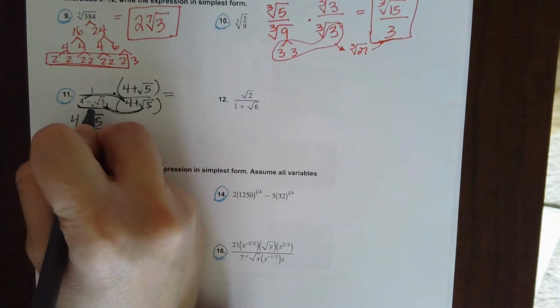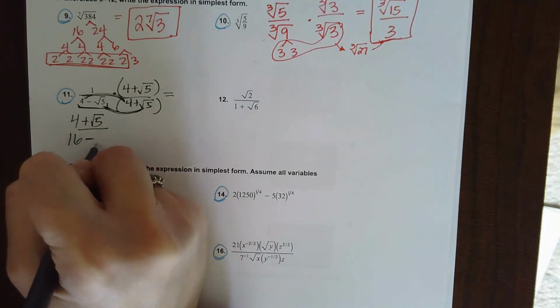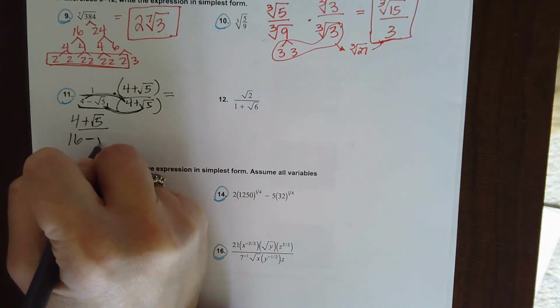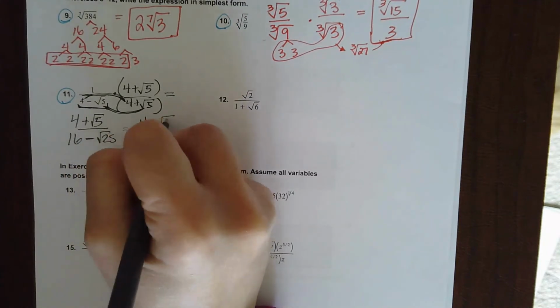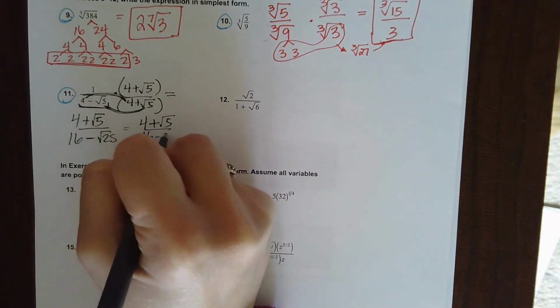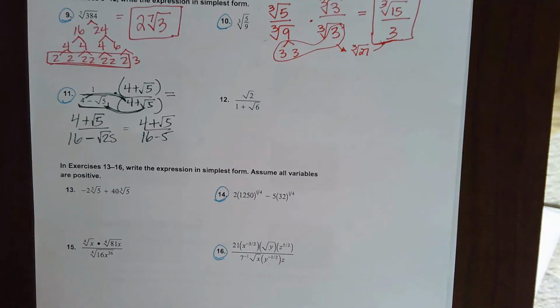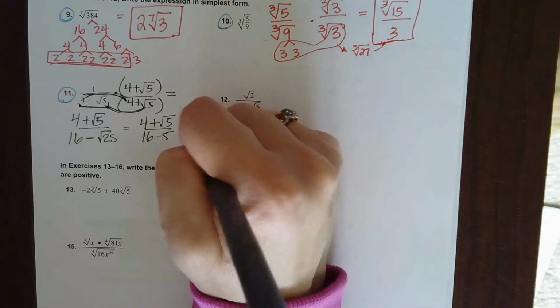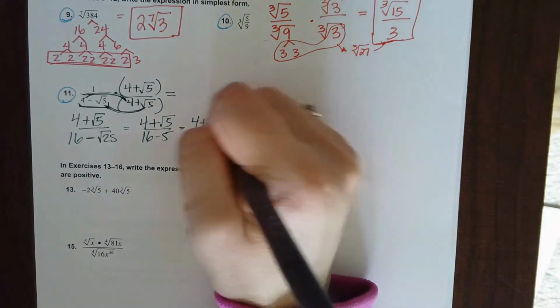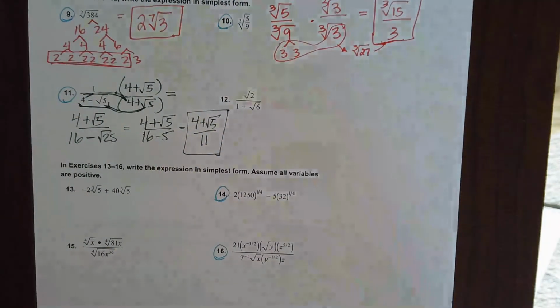So 4 and 4 is 16. Negative root 5 and negative root 5 is negative root 25, or in other words, negative 5. So that'd be 16 minus 5, which would give me 11. So this is my simplified version.